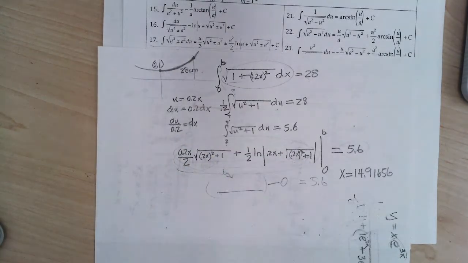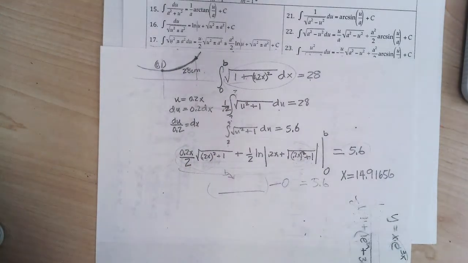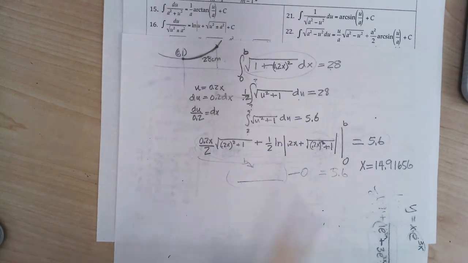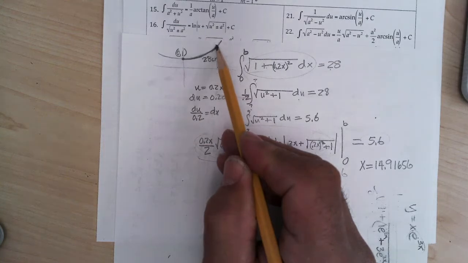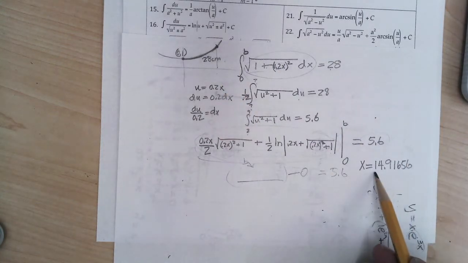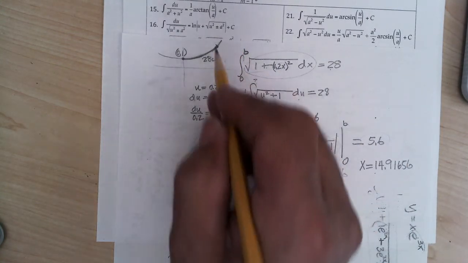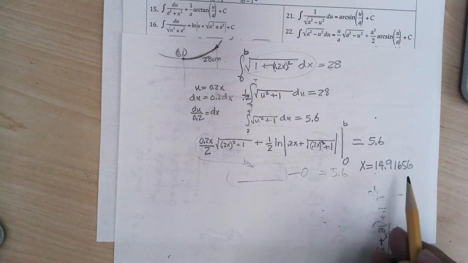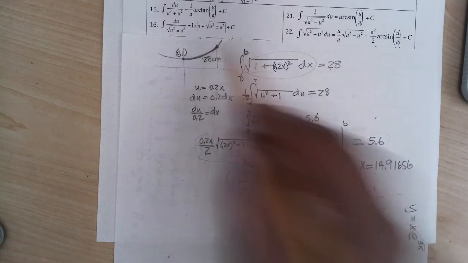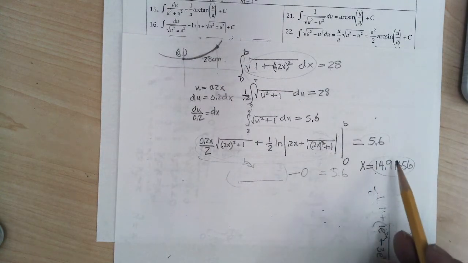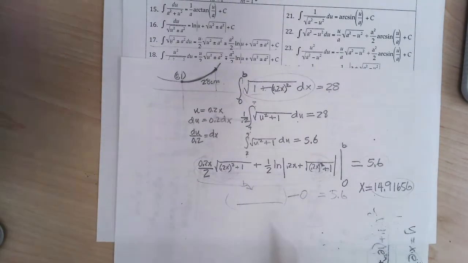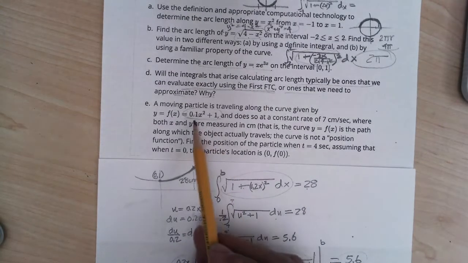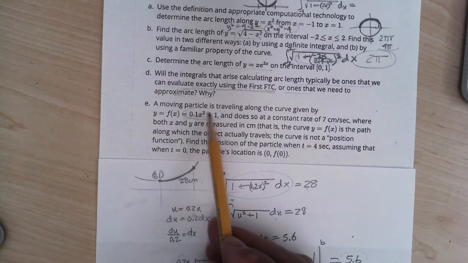But this is not this curve. Going back to what they asked us to do, they wanted to find out where it ended up. Well, the x value of where it ended up is at 14.91656. The y value would be whatever I get when I plug that into the original equation, which was 0.1 x squared plus 1.